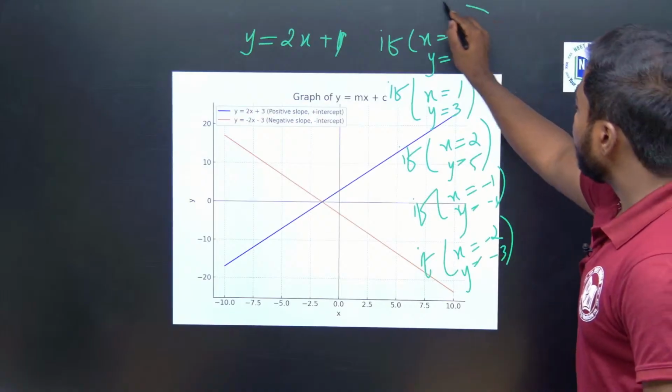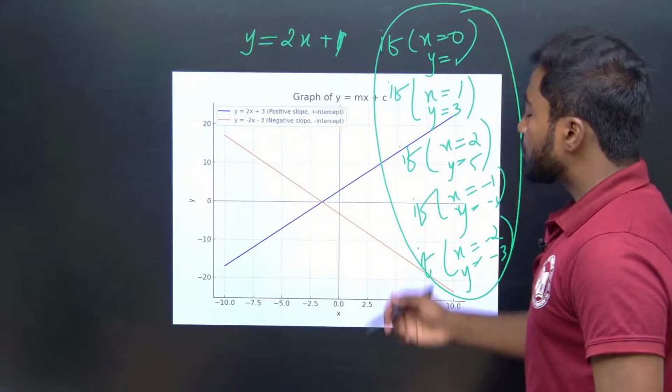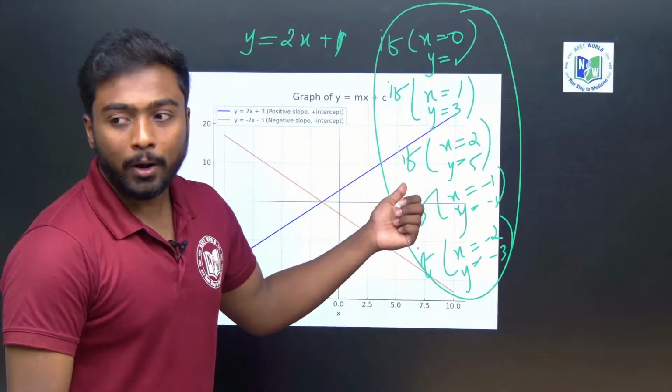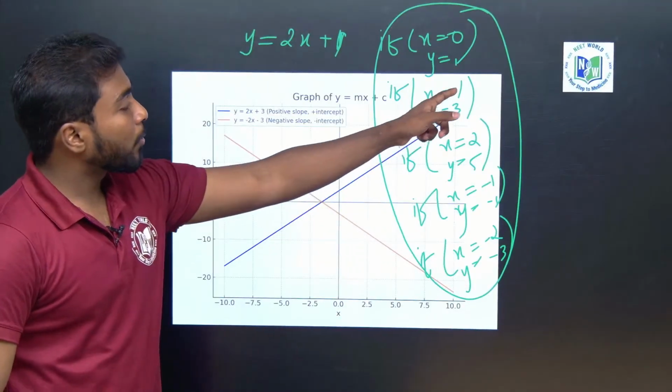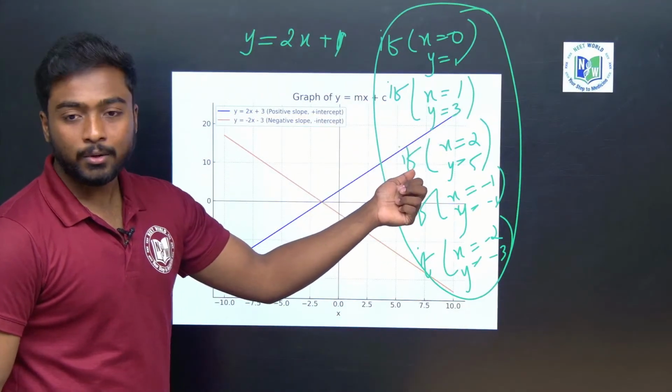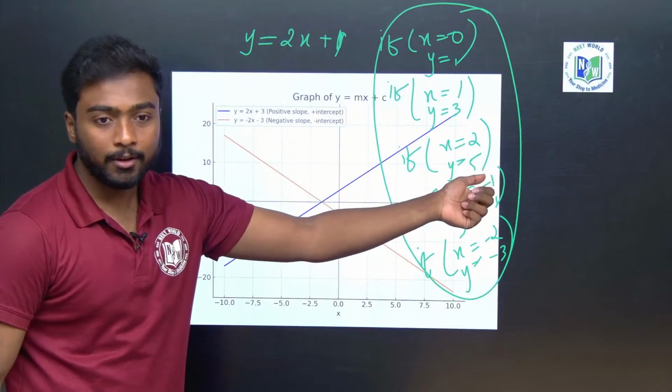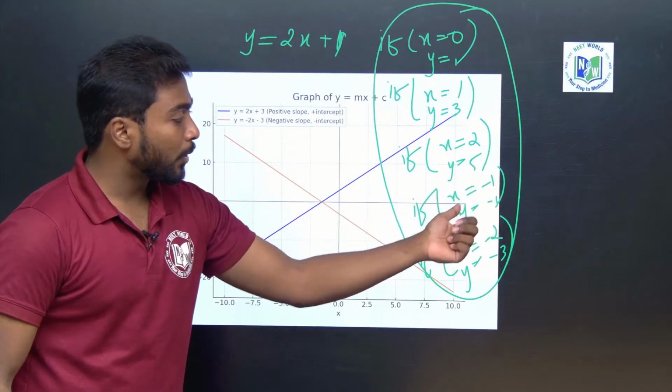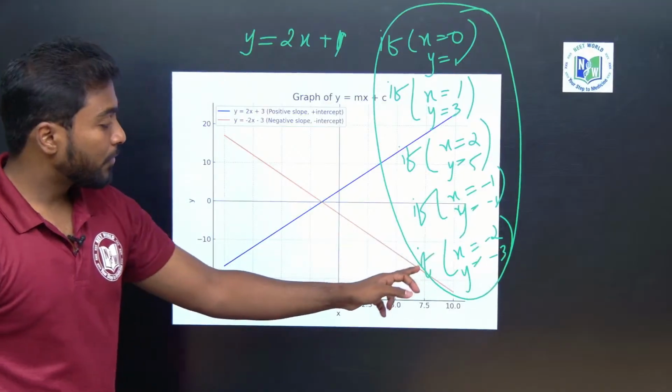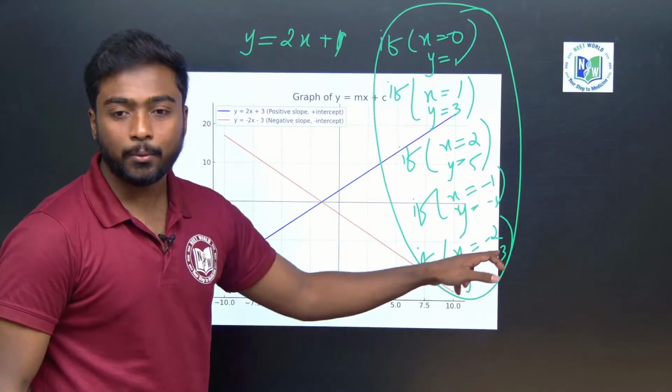So I got some values here: x equals 0, y equals 1, first one. Second one, x equals 1, y is 3. Third one, x equals 2, y is 5. Fourth one, x equals minus 1, y equals minus 1. Fifth one, x equals minus 2, y equals minus 3.